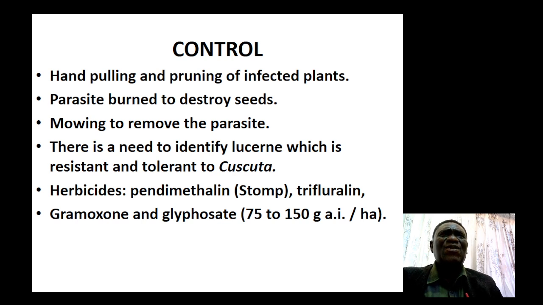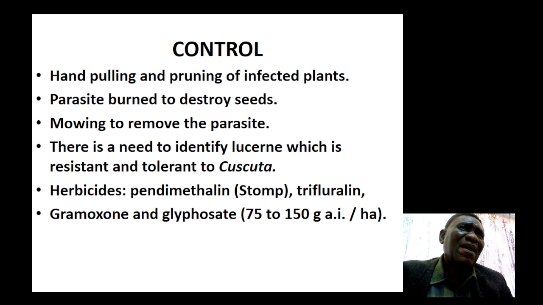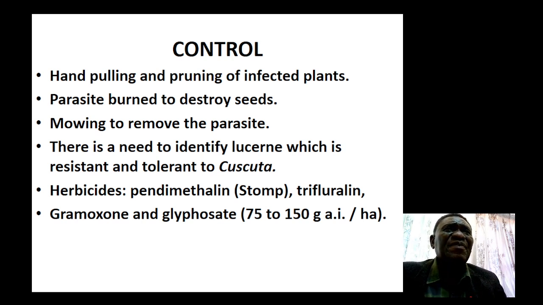There is need to identify lucerne which is resistant and tolerant to Cuscuta. Of course, some herbicides like pendimethalin and trifluralin have been used. Some have tried to use Gramoxone and glyphosate at low doses, but sometimes you end up burning your crop.